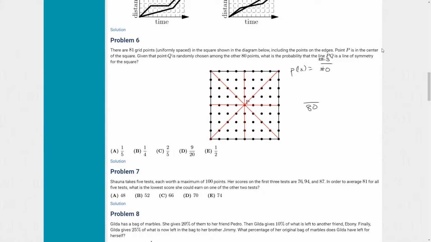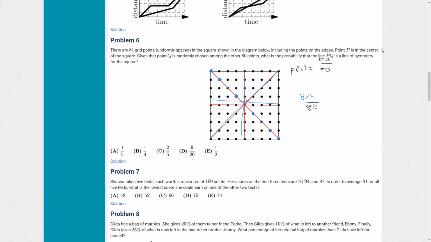And let's see how many points are along these lines of symmetry. So we have 1, let's use a different color. We have 1, 2, 3, 4. Remember, the center point P is not included in one of our 80 options. So we have 4, 5, 6, 7, and 8.